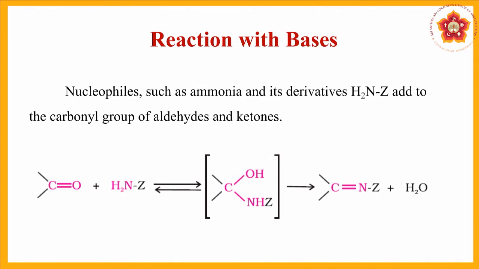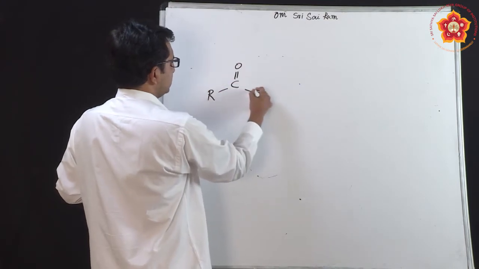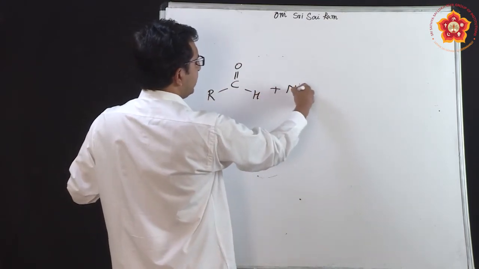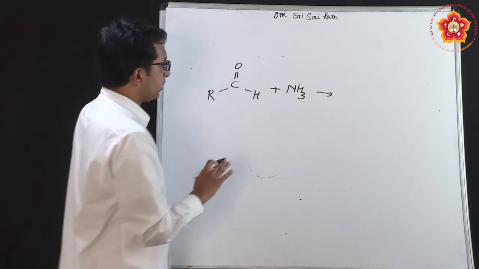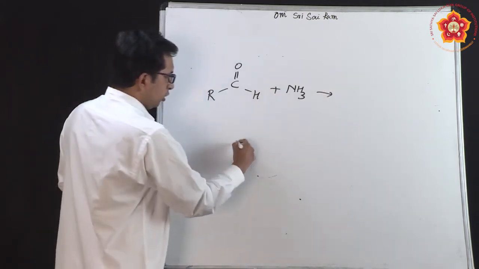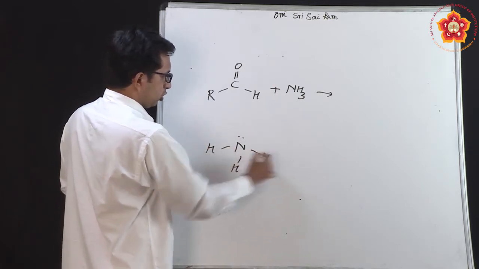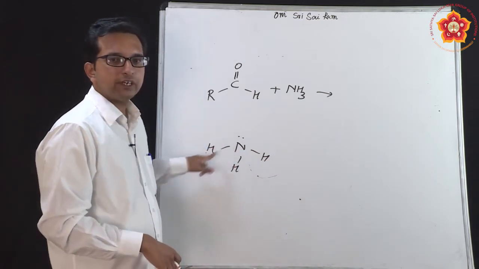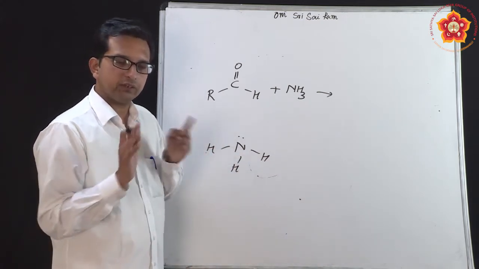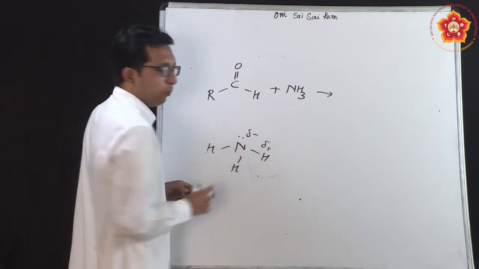So, what sort of reaction happens here? Let me take, in the first place, a pretty simple reaction where I consider a simple aldehyde, and let me take ammonia as an example. This is the structure of ammonia. We know there is a lone pair of electrons and 3 hydrogen atoms, and naturally between nitrogen and hydrogen the electronegativity difference is there, nitrogen being more electronegative and hydrogen more electropositive.